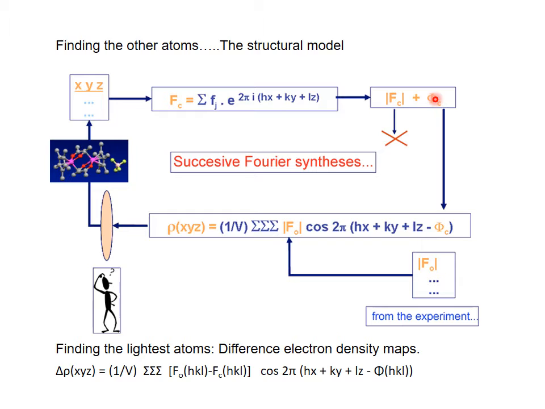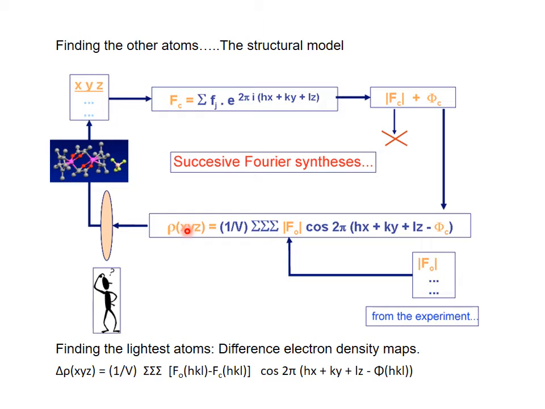So what you can do in the following is use the calculated phase and the observed absolute value of the structure factor and do a Fourier transformation to calculate a new electron density function. That electron density function hopefully has new peaks that can be associated with additional atoms.